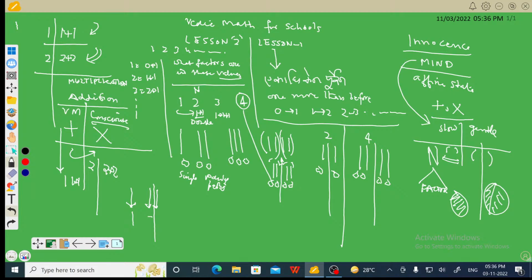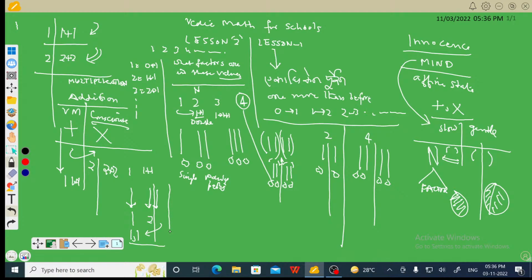So reaching from 1 to 1 plus 1 as a 2, and going back from 2 to 2 as a pair of ones is a very big leap forward. So we have to be slow.